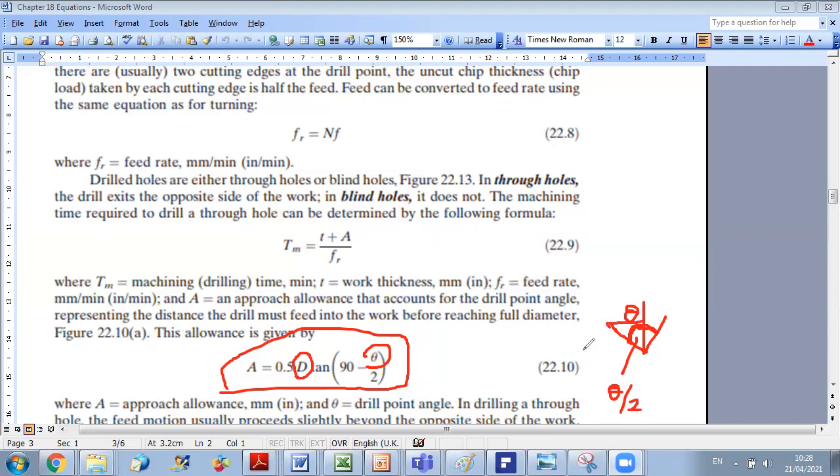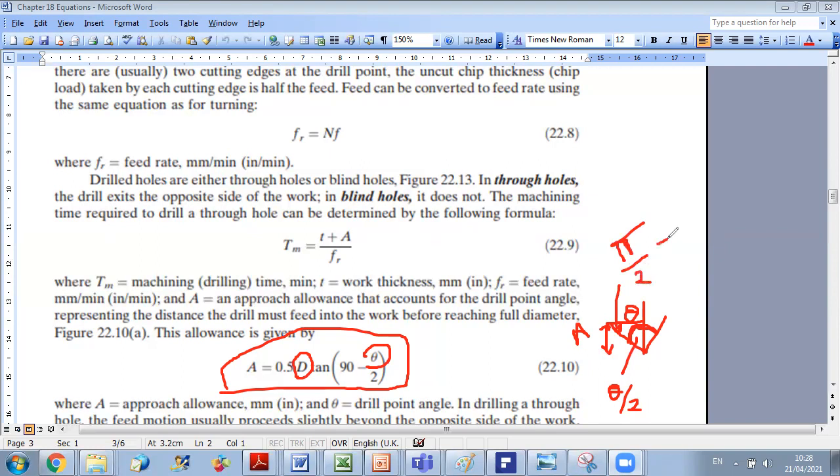You have that this distance here, this is A. If you look at this right triangle, you can write the tangent of this angle here. This angle will be 90 degrees minus theta over 2.